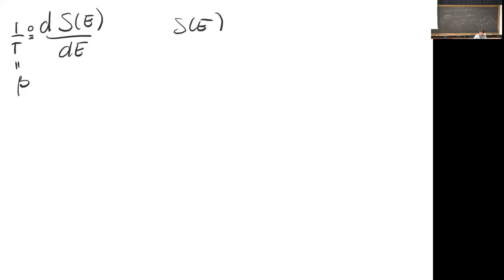S of E is the microcanonical entropy, which means the number of microstates of a system which has constant energy equal to E. So if you slightly increase the energy of this isolated system, you put a bit of energy in it and you close it again, and you look at by how much the entropy has changed.